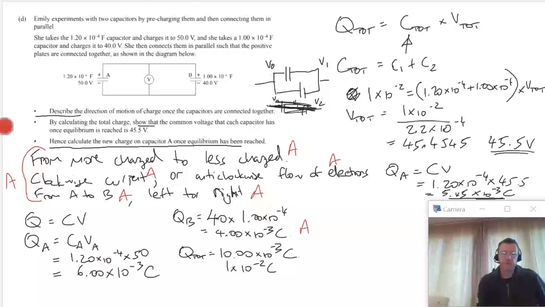Similarly, this could get you an achieve point, or this also could get you an achieve point. The total charge here could get you an achieve point. Calculating the total capacitance was worth an achieve point.